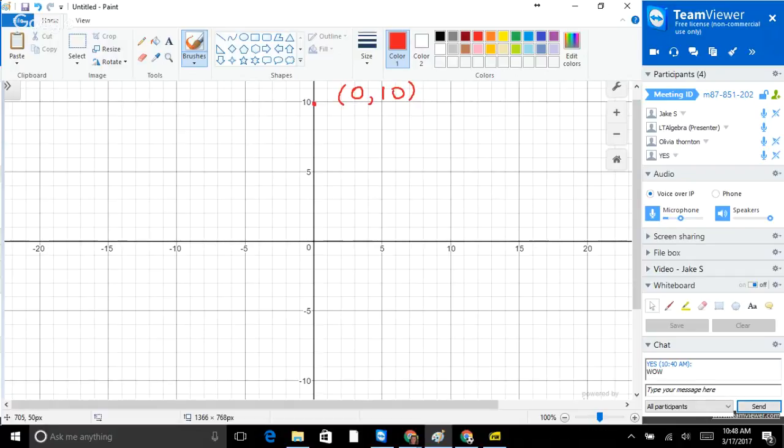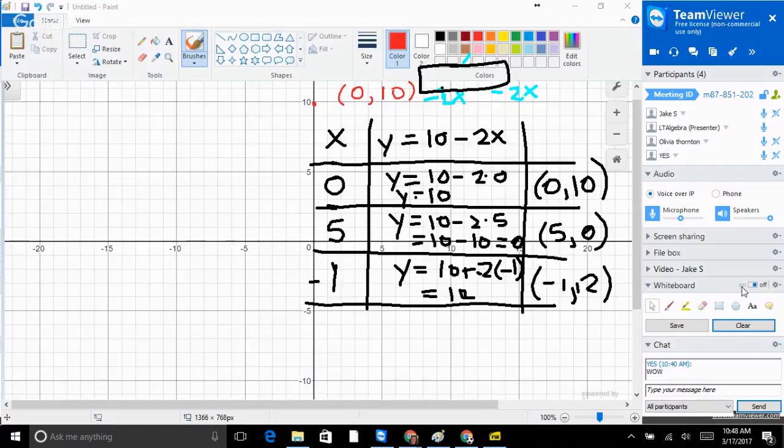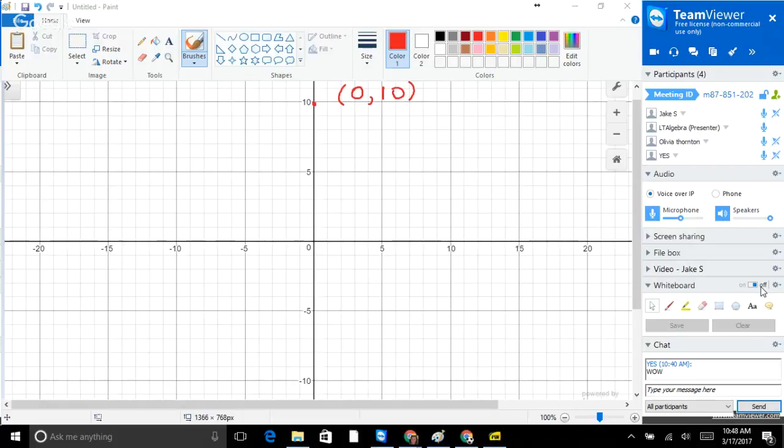Okay. The next point that we found was that when x equals 5, y equals 0. So that point's right here.